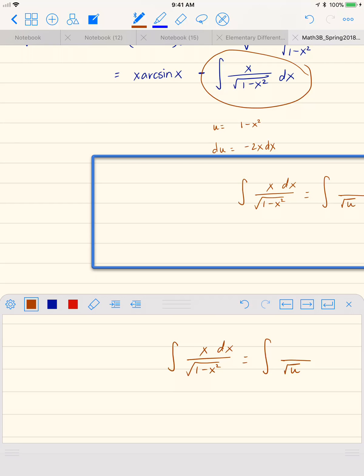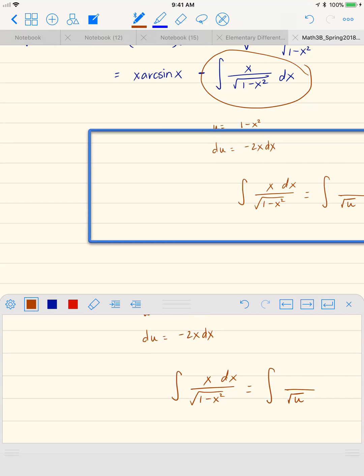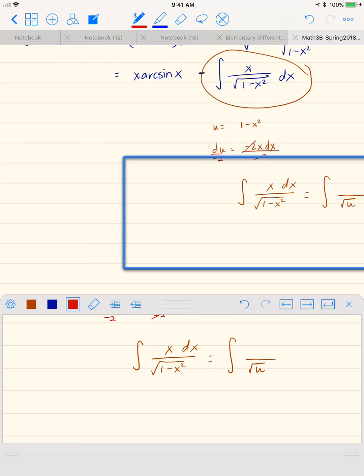And on top, this x dx looks like that's going to be 1/2 du. You see, if I divide this by negative 2, then the negative 2's cancel out. And so I should have x dx is equal to negative du over 2. So let's put that here. So I'm going to have negative 1/2 du.